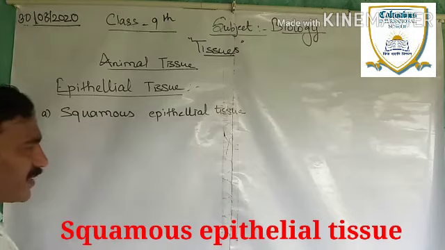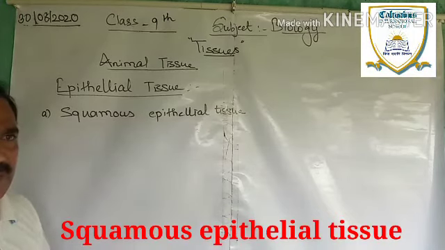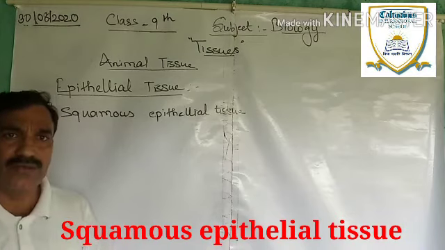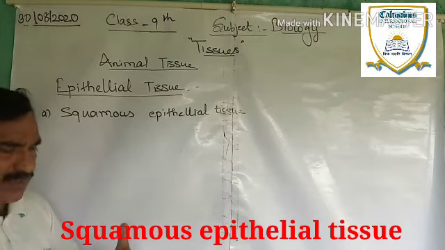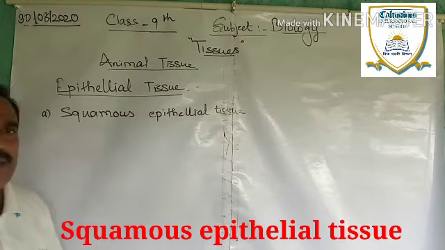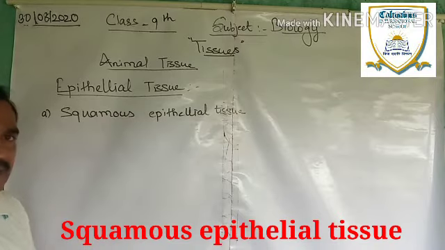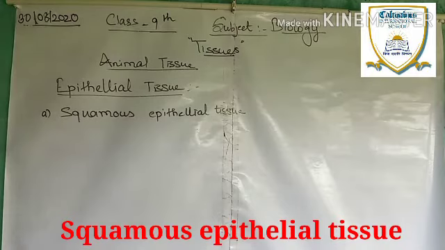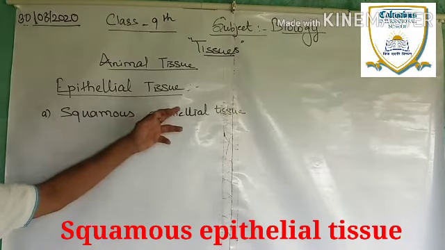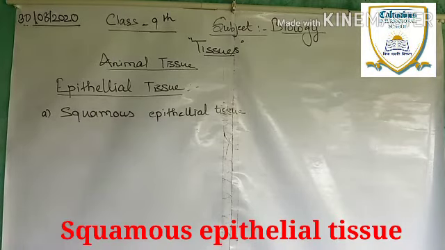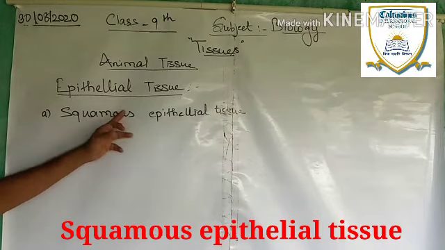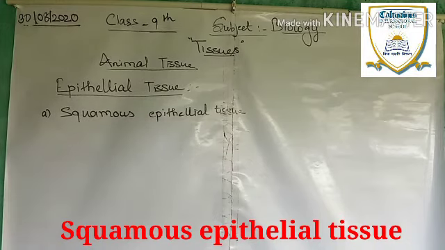That means cells are very closely packed. However, there is a little bit cementing amount in between each cells, and that leads to the condition where substances can be permeable in or out. That means release of substances or exchange of substances also may take place through epithelial tissue in certain conditions. Got it? Now the first type of epithelial tissue is squamous epithelial tissue.